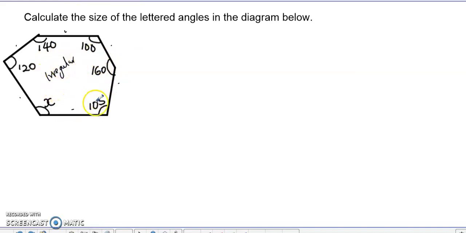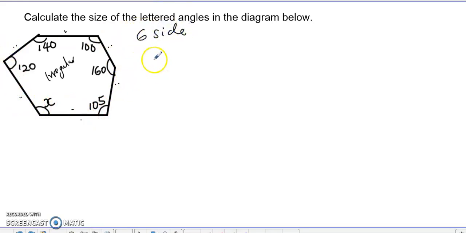Now to solve this, we first have to find the sum of the interior angles. For that, we need to know how many sides the polygon has. We have 1, 2, 3, 4, 5, 6. So the polygon has 6 sides.